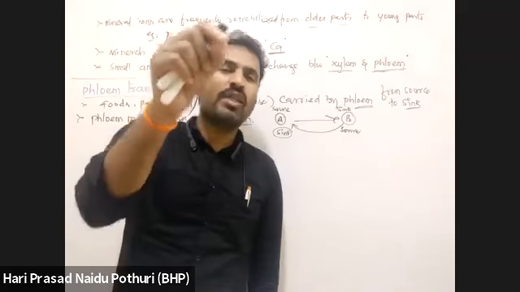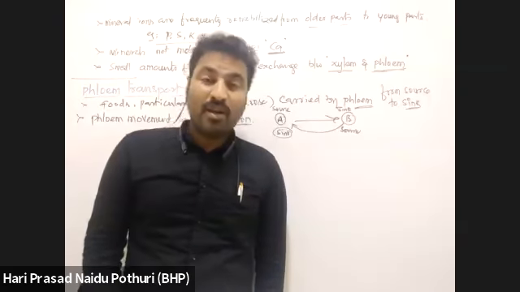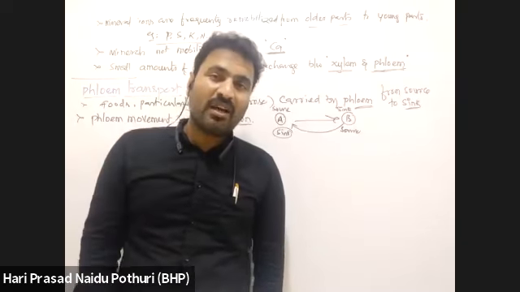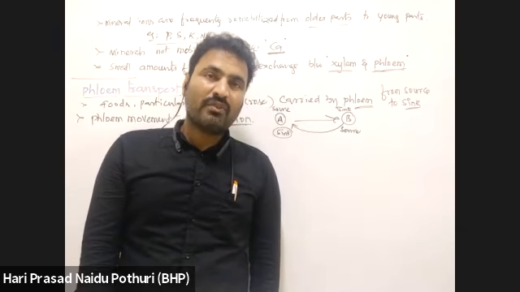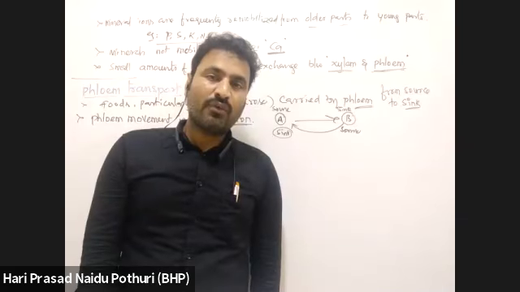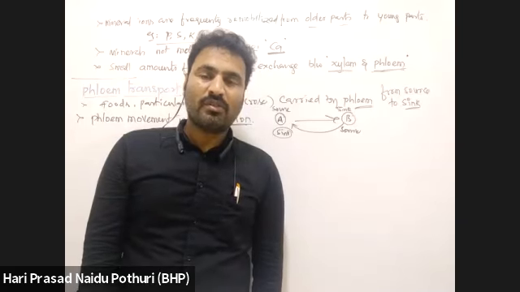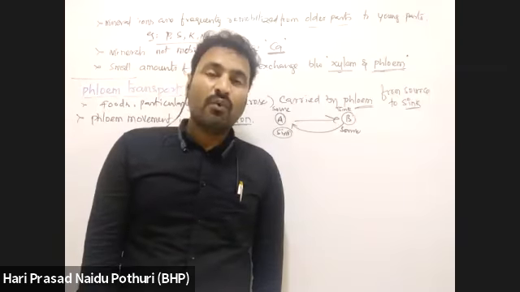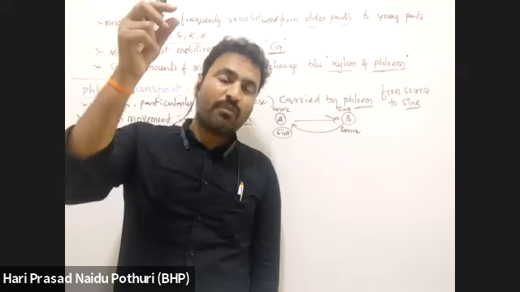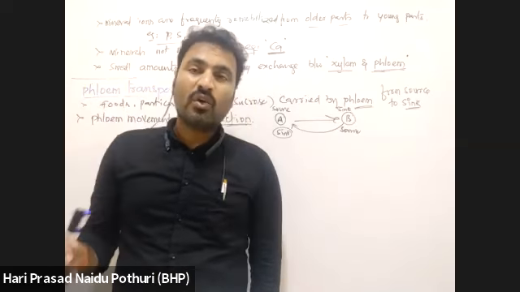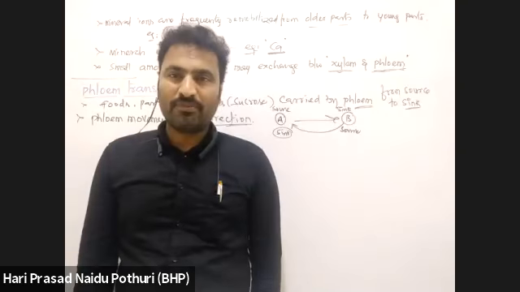Food is produced there in the leaf. Food is needed for the remaining organs also, like roots. Roots require food for growth and all processes. As food is required for the root, sugars are carried from leaf to the root through the phloem.